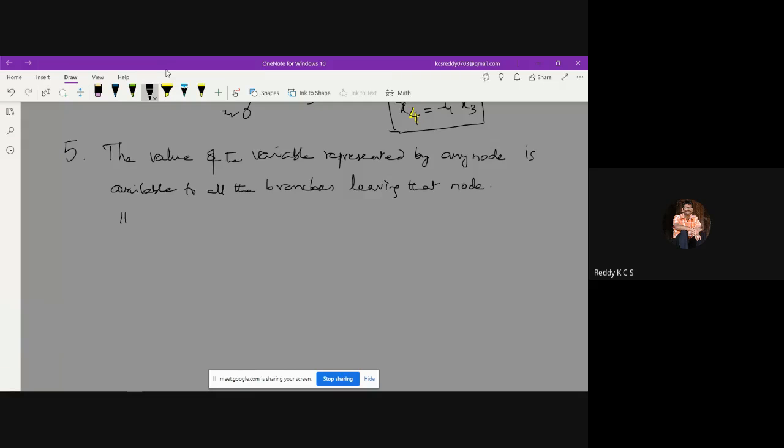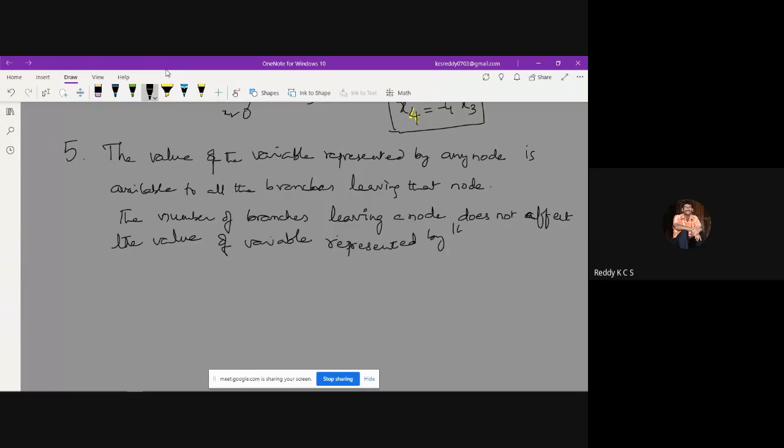So this is a very important point. The number of branches leaving a node does not affect the value of the variable represented by that node.